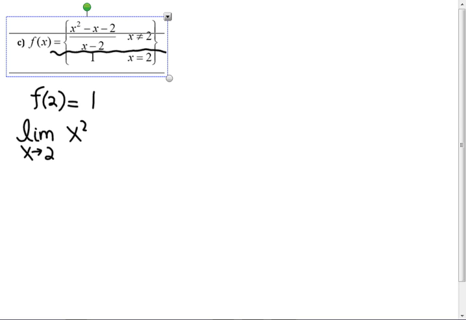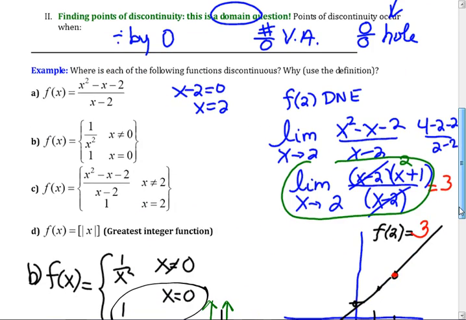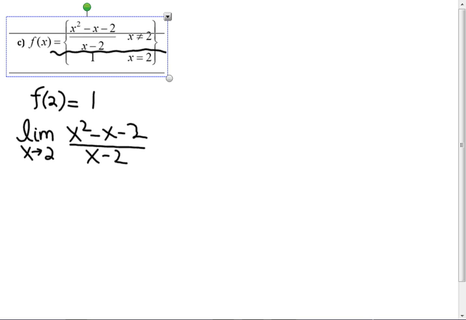You can't say it's not equal to f of 2 unless you know what it is. So, what's the first thing we do? Substitute in, right? Is that the same one? Yes. Actually, I did that one in a sense. So we found this limit. We factored it.